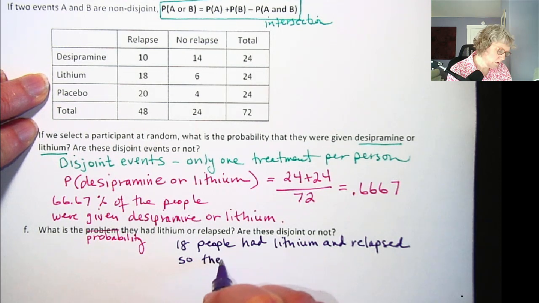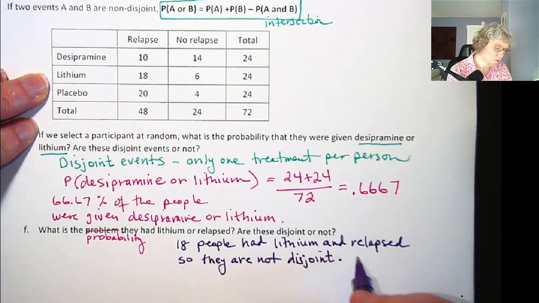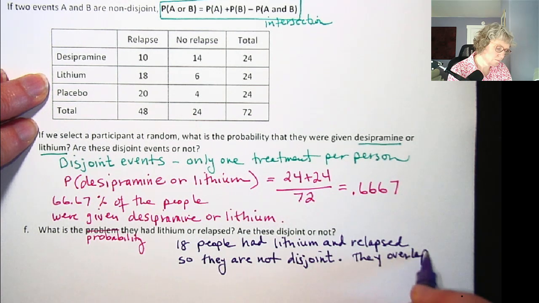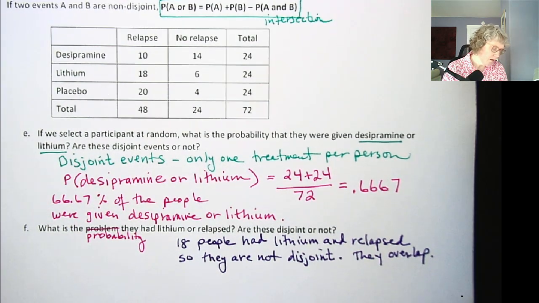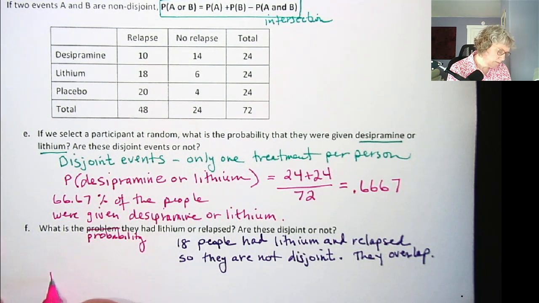So they are not disjoint, meaning there is an overlap. They overlap. Okay, so then to find this probability, I'm going to show you what happens. Probability of lithium or relapse.